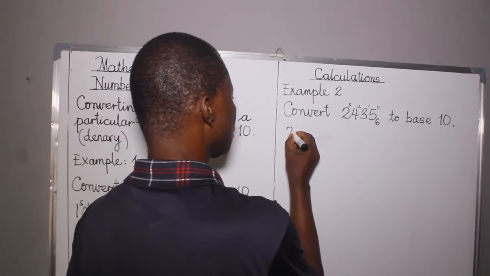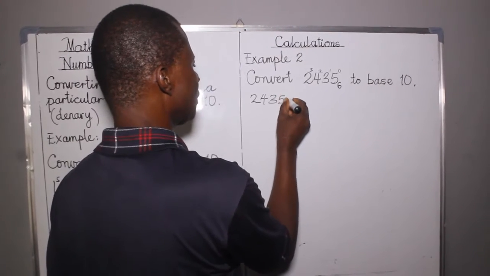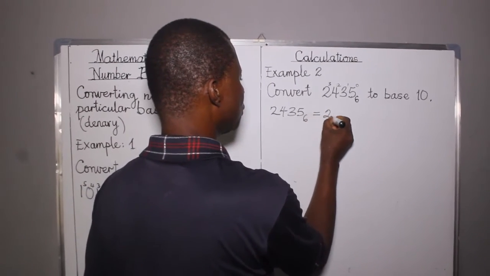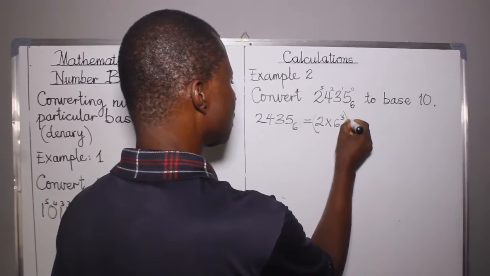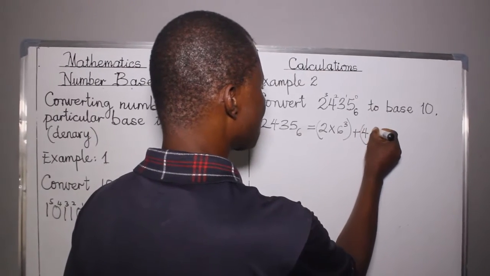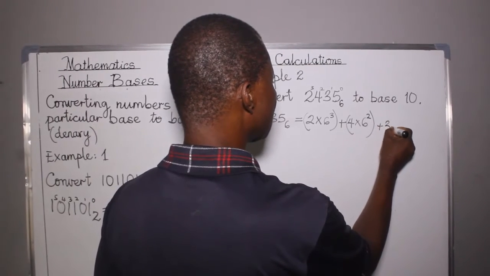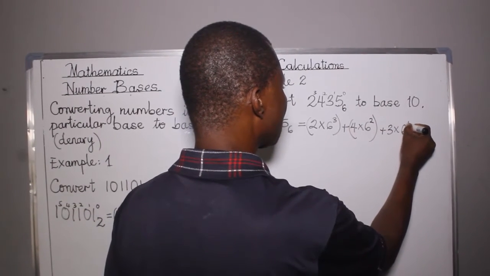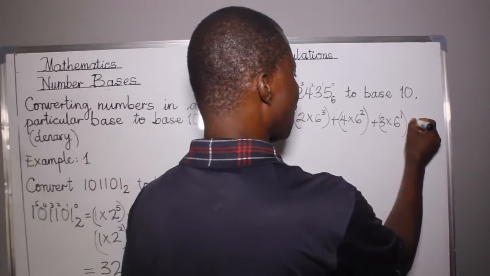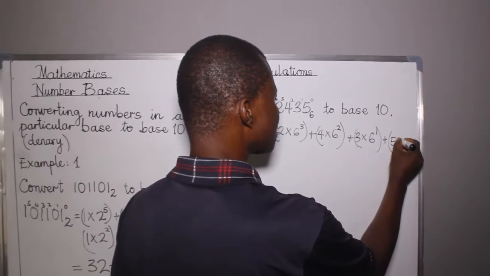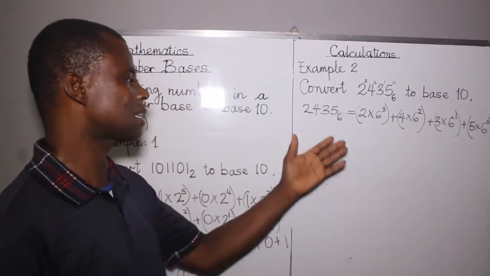And this gives us 2,435 base 6 equals 2 times 6 to the power of 3, plus 4 times 6 to the power of 2, plus 3 times 6 to the power of 1, plus 5 times 6 to the power 0. That's the first expansion.